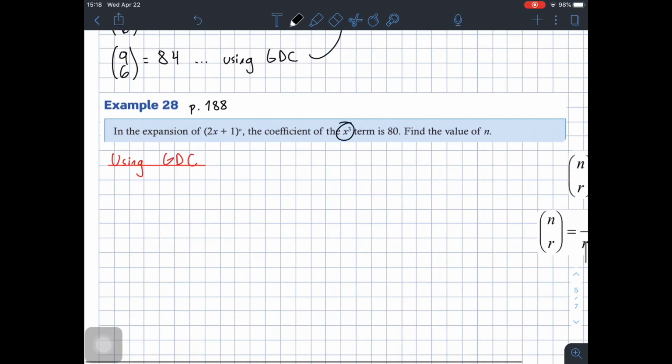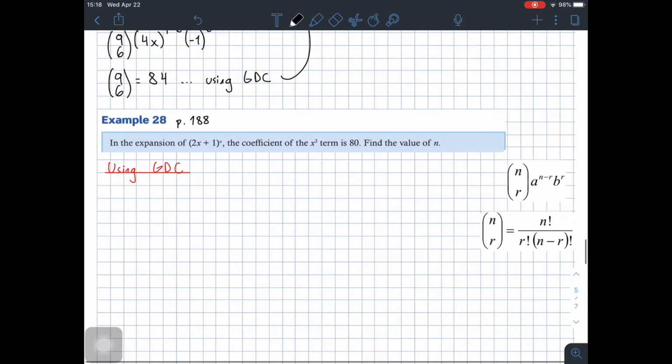We know that the x cubed term, using this formula, is some nCr, a coefficient in Pascal's triangle, times a, in this case 2x, to the power of n minus r, I do not know n nor r, times b, which is 1 to the power of r.